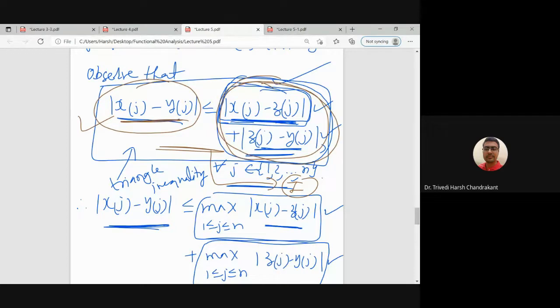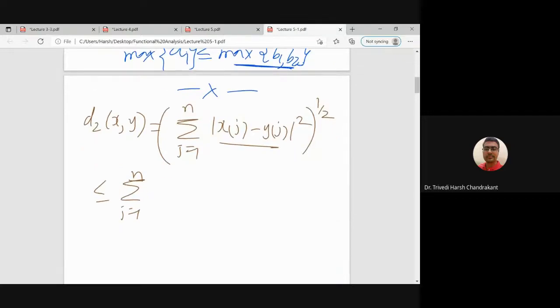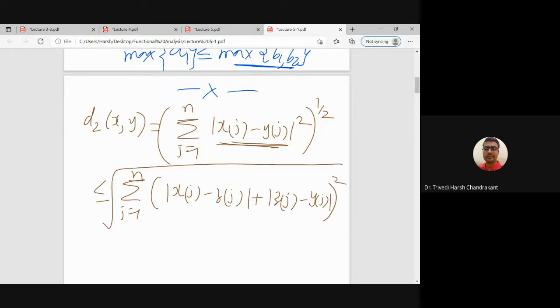So let us use it here. Therefore we get the square of this number is less than or equal to the square root of the summation of the square of xj minus zj plus zj minus yj.